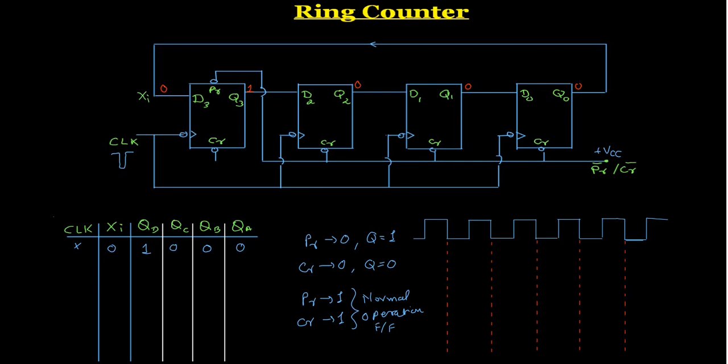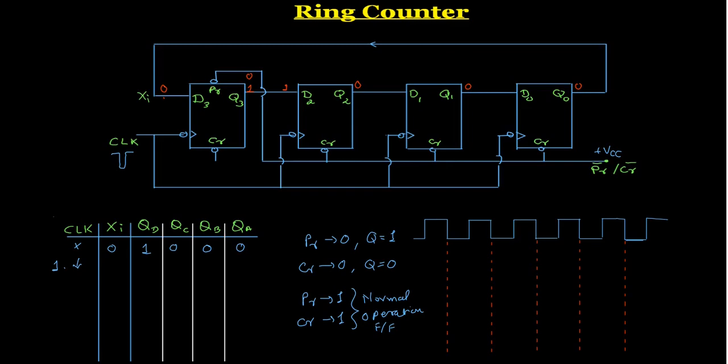So when we apply the first clock pulse, with this negative edge, whatever the input to this first flip-flop is, 0, is now going to be transferred to the output of this first flip-flop and become 0.